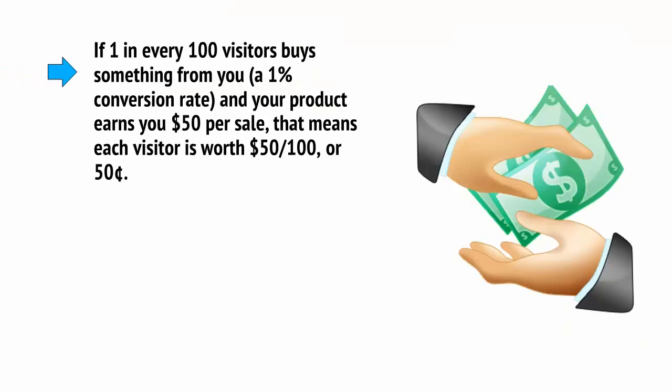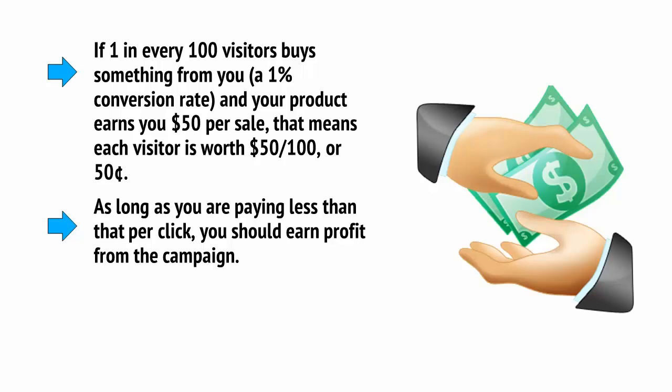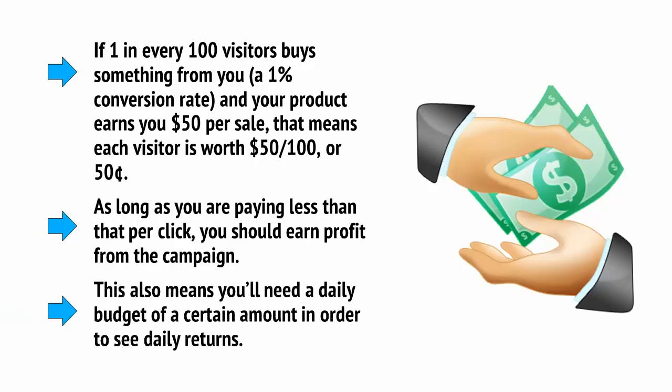So if 1 in every 100 visitors buys something from you, in other words, a 1% conversion rate, and your product earns you $50 per sale, that means each visitor is worth $50 divided by 100, or 50 cents. As long as you're paying less than that per click, you should earn profit from the campaign. This also means you'll need a daily budget of a certain amount in order to see daily returns.